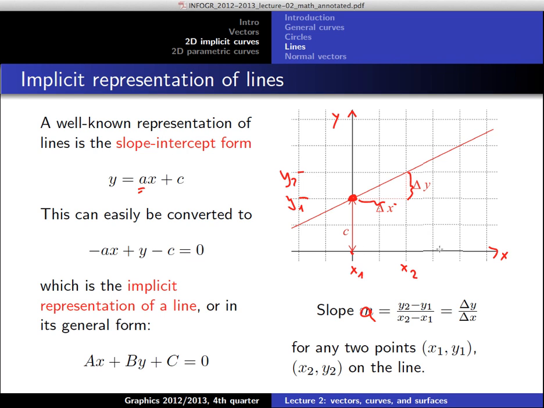Then for each point on the x-axis, if we multiply it with that slope, we know how far we have to go up, and then we add the c value, because then we're not only going up, we're also shifting the line here.